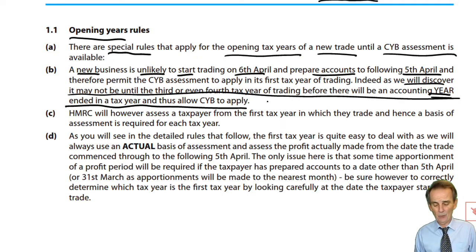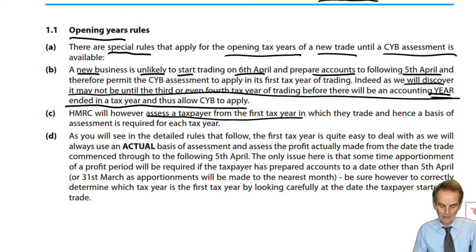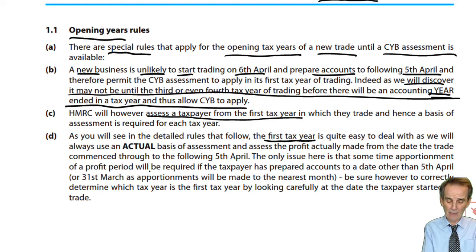As we've said, HMRC don't wait around until you have CYB. They're going to assess a taxpayer for the very first tax year in which they trade, and hence we need to know a basis of assessment for the first tax year and every other year from there on. As we'll see in these rules, actually the first tax year is very easy to deal with because there is just one single scenario, one basis of assessment, and we use an actual basis of assessment.